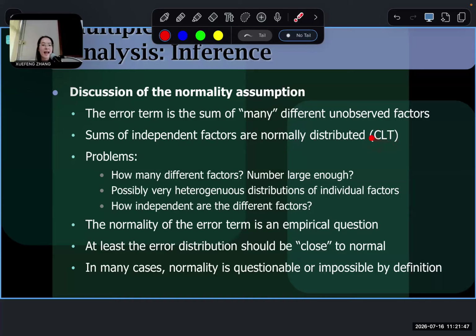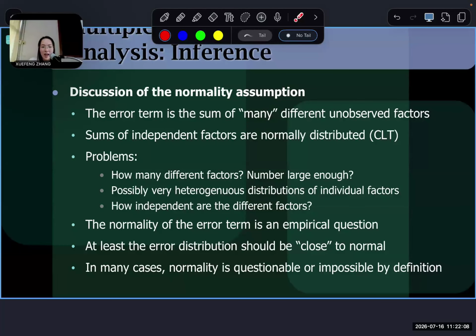It says that if you add up many independent factors, the sum tends to look normal, regardless of what each individual factor looks like. So the hope is that mu, being a sum of many things, ends up approximately bell-shaped.